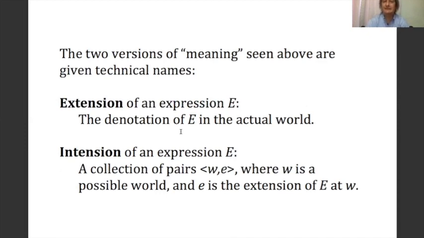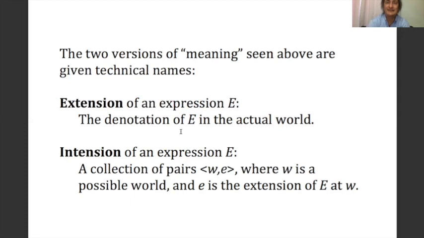We're going to use some technical terms to describe these two different things. One is the denotation at a particular world. We're going to add another word that means almost the exact same thing as denotation. It's the word extension, okay?